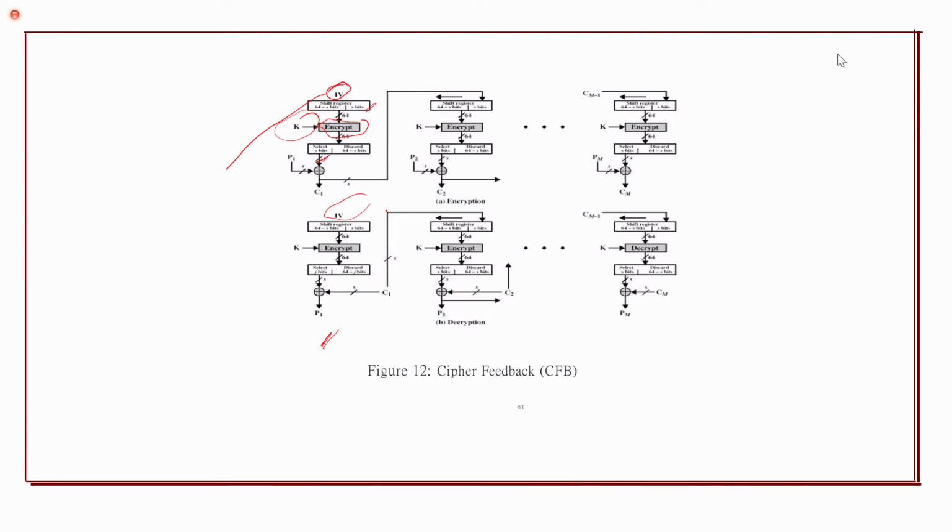Again, it will choose a random value, subtract the random value from 64 bits, and perform the encryption. And then it will perform the XOR operation with the generated 8 bits.